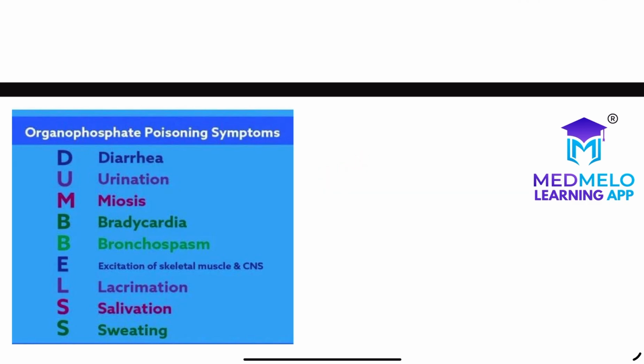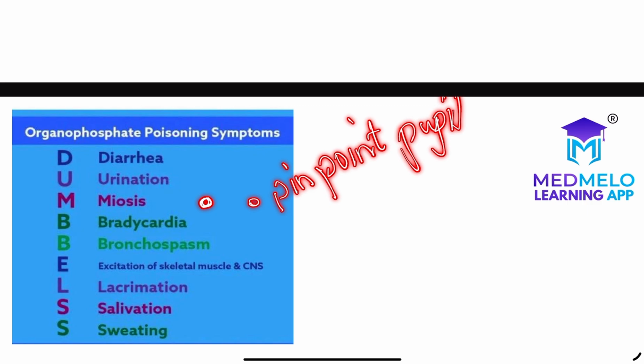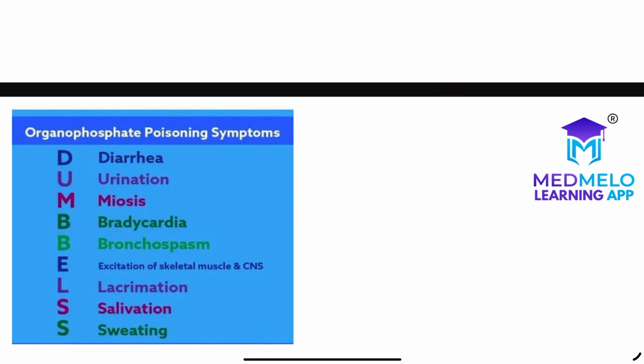In organophosphorus poisoning, the symptoms are diarrhea, more urination, miosis, that is the pupil gets constricted. Pinpoint pupil is a symptom of organophosphorus poisoning.